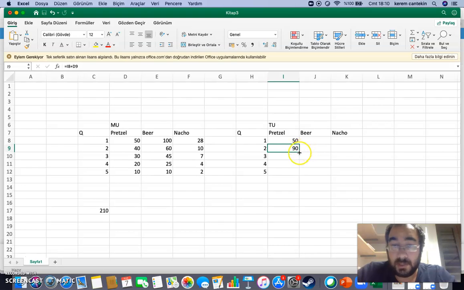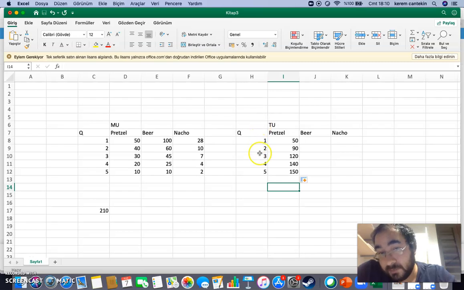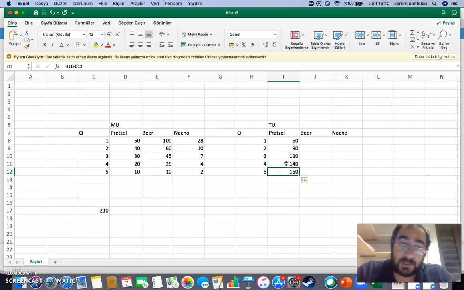And this way I can find the total utility I got by consuming different units of pretzel. For example, for the fifth one, I have added 10 to the total utility I got by consuming 4 pretzels, because the fifth pretzel gives me 10 units of utility. I do the same for the others.